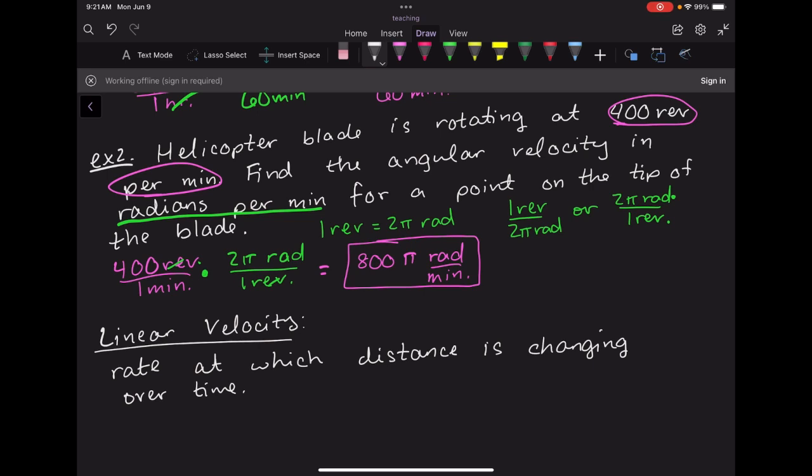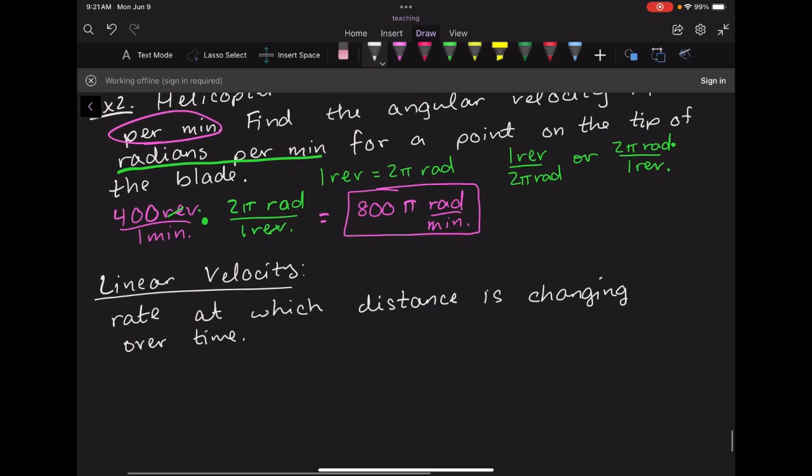So reminding you about the tire example, as the car moves forward, that's what makes the tire move. So the rock is also moving forward. It's not just rotating on the circle, it's also moving with the car itself. So that's linear velocity.